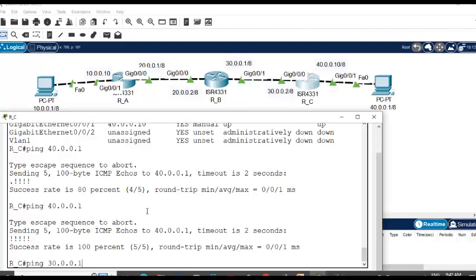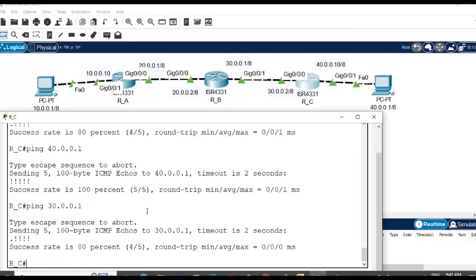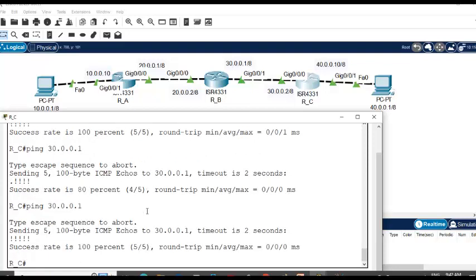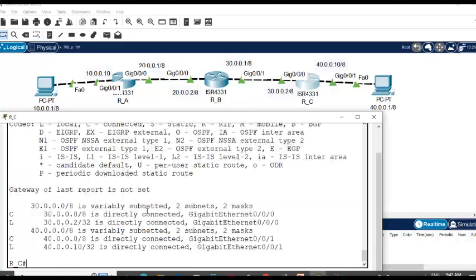If you go to router B, you can see only 20 and 30.